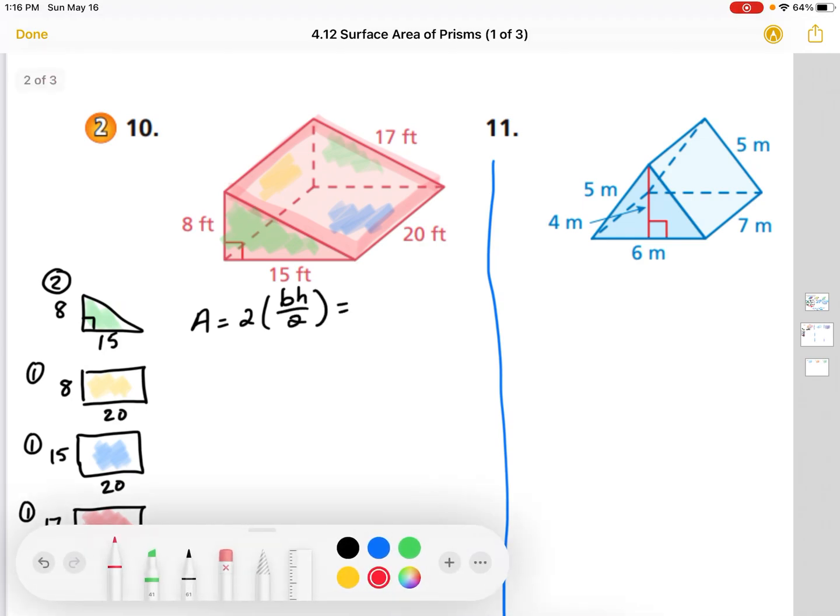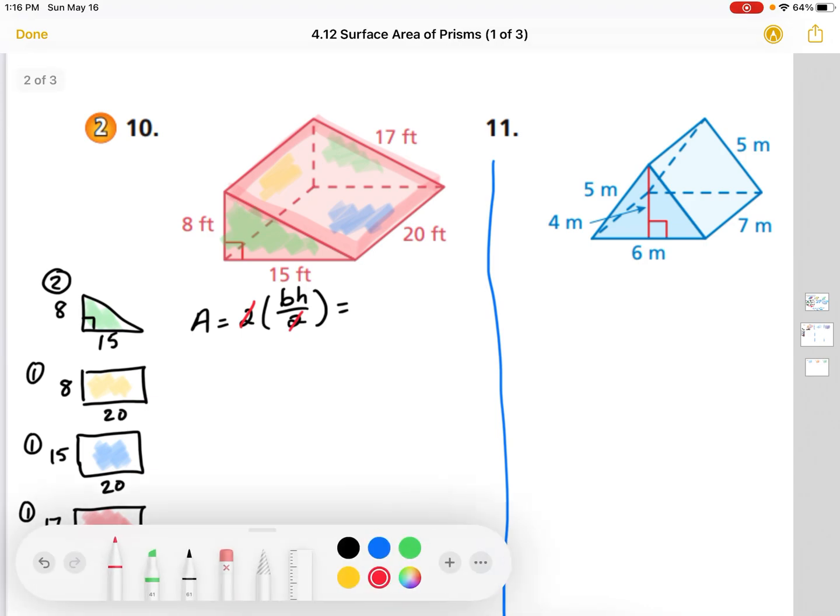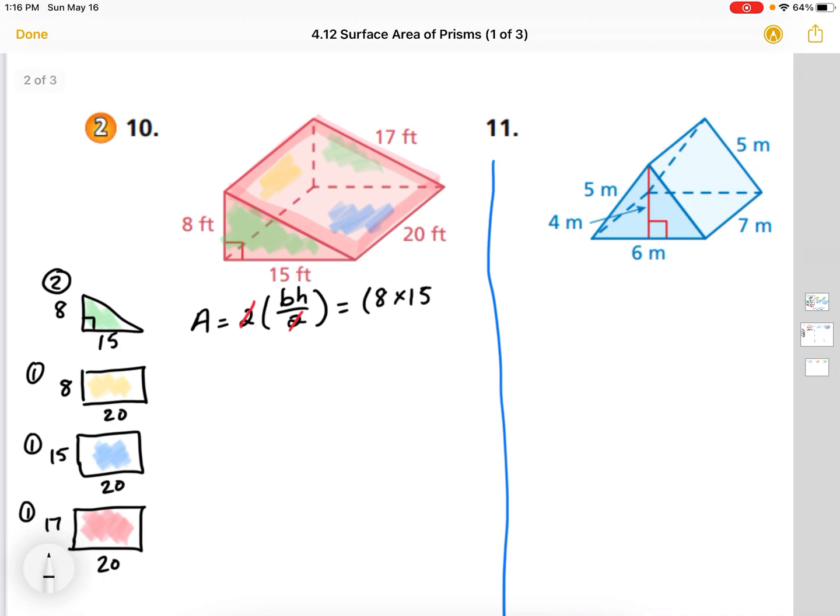And I always like this because the 2s divide out. So this equals 8 times 15, which is 120 feet squared. Then here I have a rectangle, length times width, 8 times 20, which is equal to 160 feet squared.